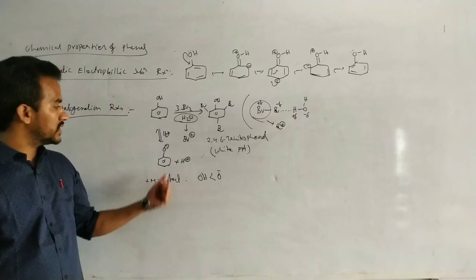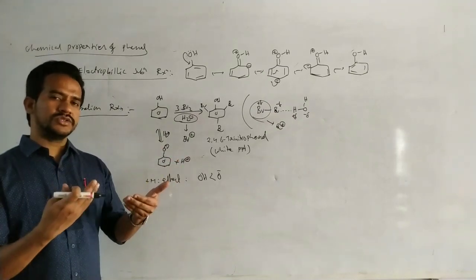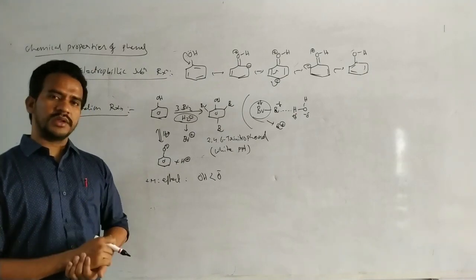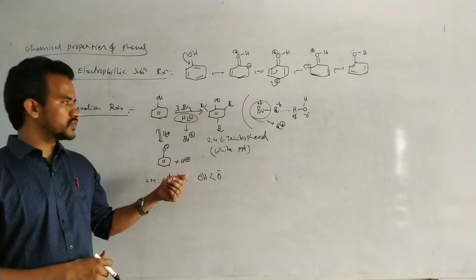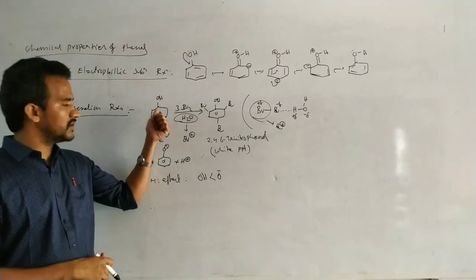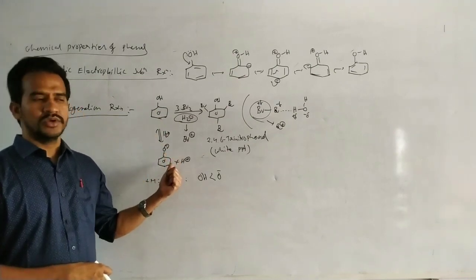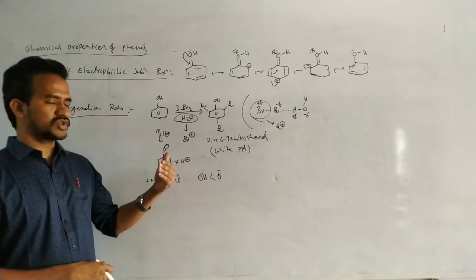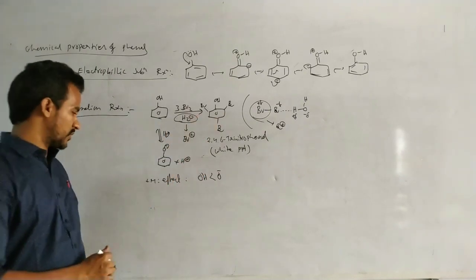Negatively charged oxygen has more electron density and a strong tendency to donate electrons into the benzene ring. So this ring is highly reactive towards electrophilic substitution, more than the benzene in phenol. So phenoxide forms, which is highly reactive, so the electrophilic substitution reaction is very fast. That is why tribromination happens. Okay, important point.